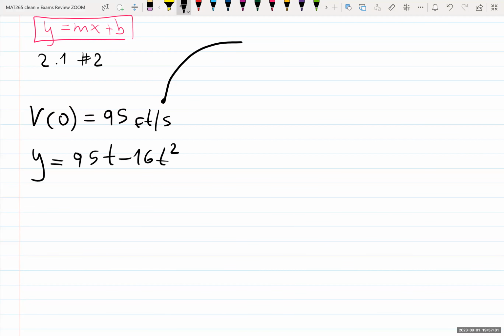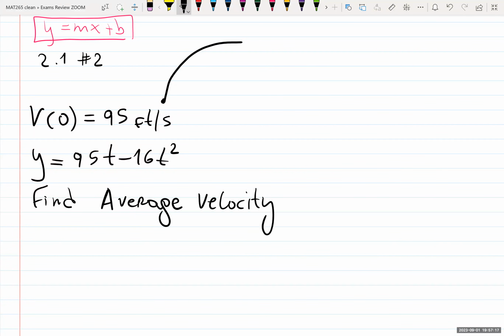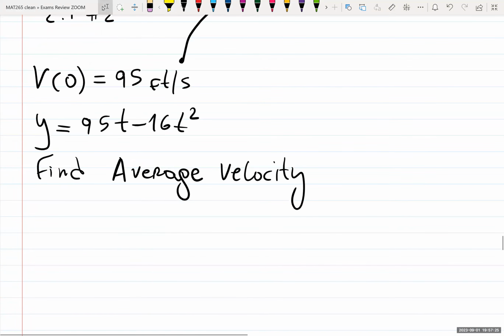Over the period beginning when t equals 2 and lasting... What's that English word, lasting? Okay, fine. Find the average velocity. Average velocity doesn't have a limit in it. Remember, velocity is the derivative, yes, but because it's average, we're not talking about limits here. We're talking about just the fraction inside of the limit. Just forget about the limit.